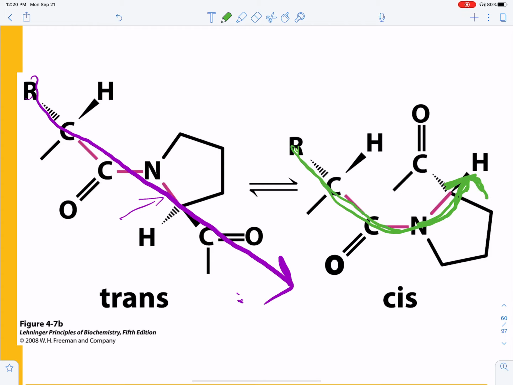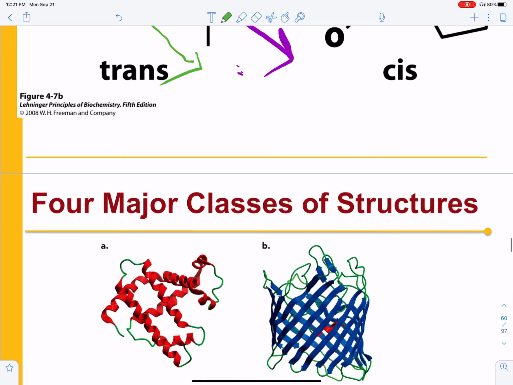So see here, you've started a curvature that doesn't exist when you're in trans. And that allows for the polypeptide to just kind of reach back around, stabilize it with hydrogen bonding, and do what is effectively a 180-degree turn in 4 residues.